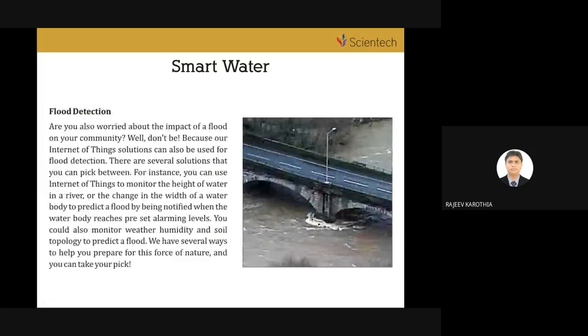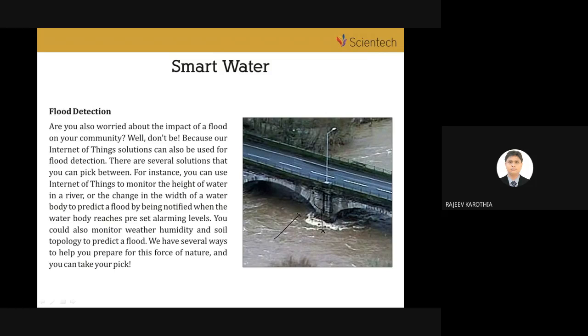Flood detection is again an important area where we can implement this IoT. So like we can put some sensors, in this picture you can see there is a bridge, and below it there is rainwater, river water. So we can implement some device over here so that we can measure the level of the flood or level of the water, so that we can get early detection of whether we should go through this bridge or not.